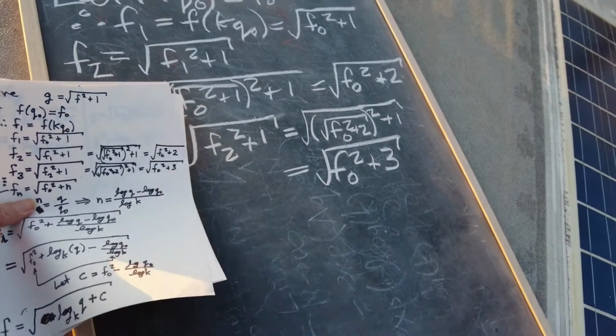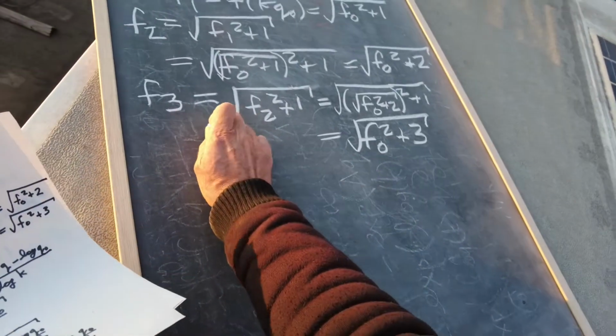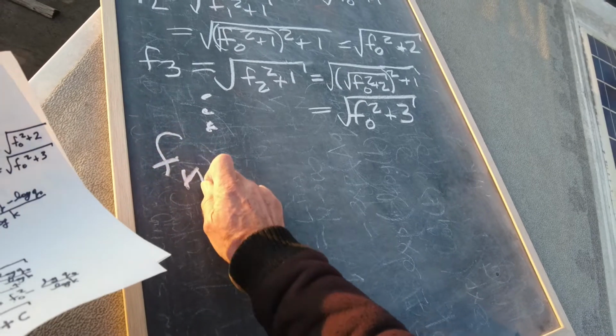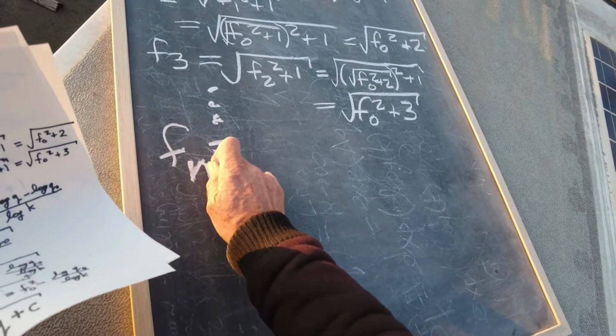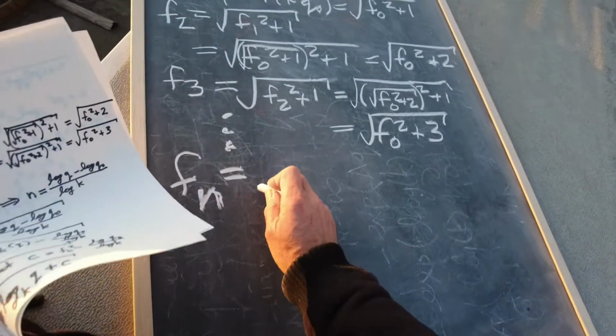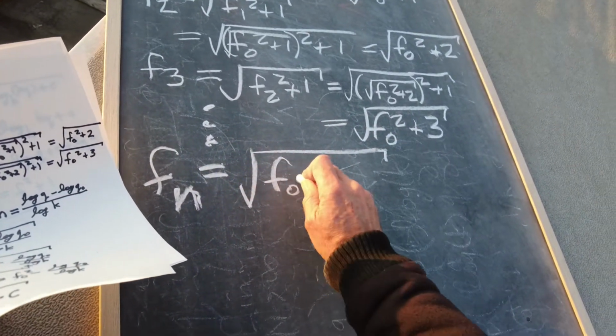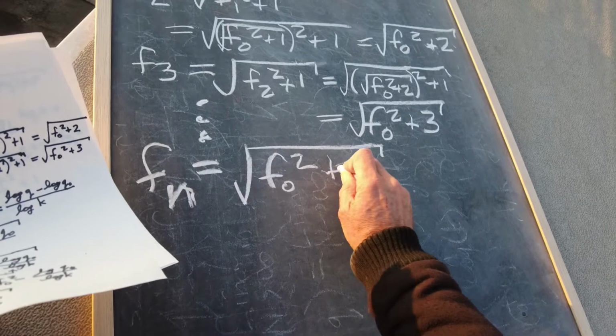And so you can see there's a very simple pattern that emerges, that fn, the nth f, is equal to the square root of f0 squared plus n.